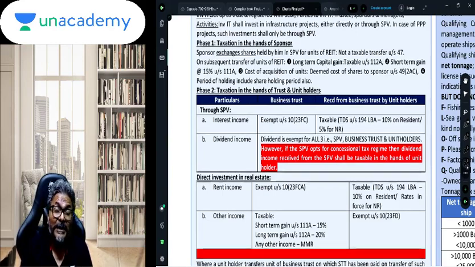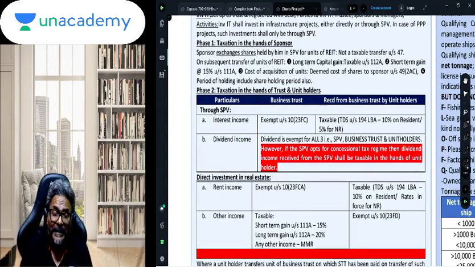Now, under which head will this particular rental income be classified? Obviously, it has to be PGBP. And why is it PGBP, students? For that you need the answer. Always keep in mind this particular point, that there is a case law of Chennai Properties and Investment Limited, where the leasing of the house property is your business.